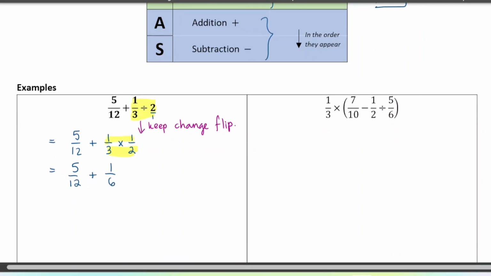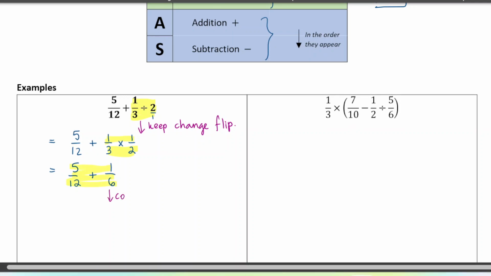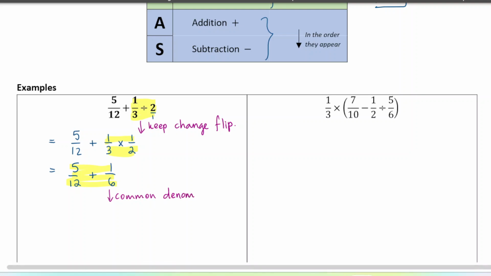Okay, now I'm ready to do the addition, and for addition we make a common denominator. When you're doing your own work, you don't need to use the highlighting. I'm just showing the highlighting to communicate which step I'm working on. The lowest common multiple of 12 and 6 is 12, so I can make both denominators 12.